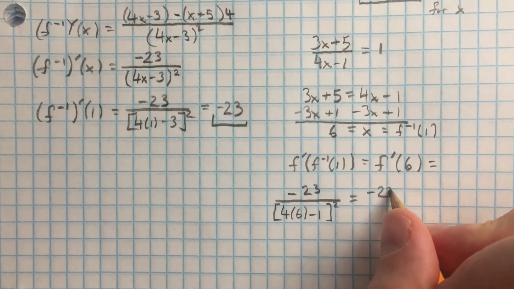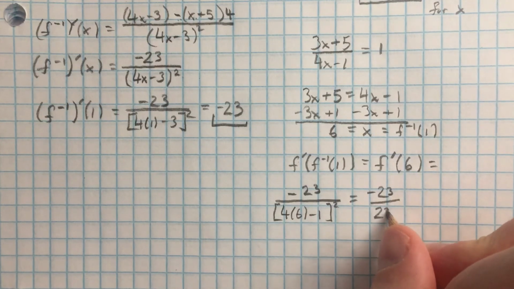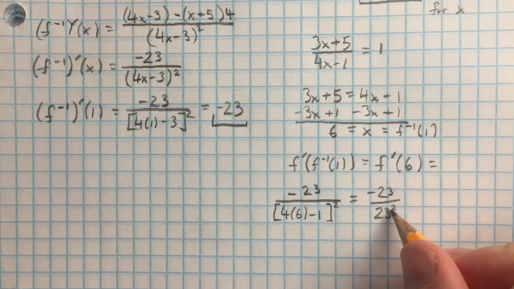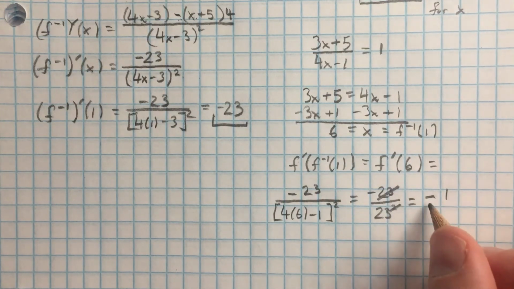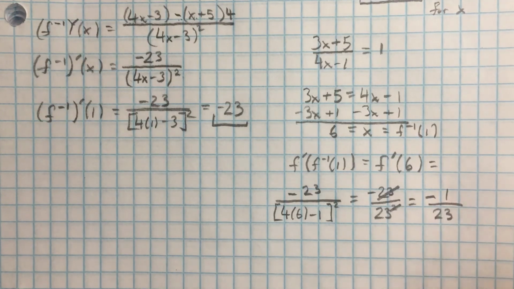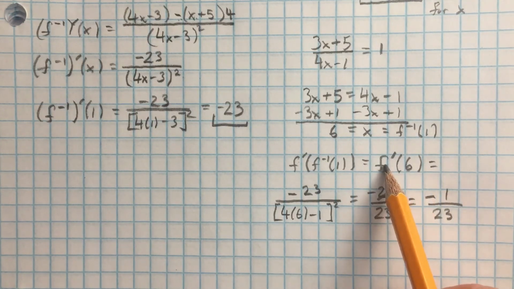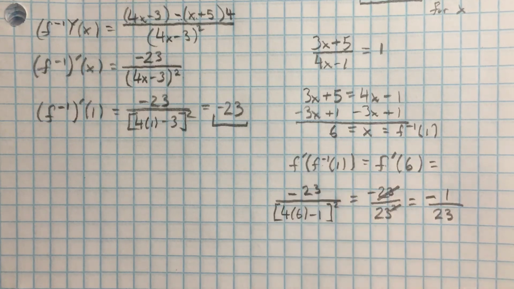So negative 23, a cancellation here, over 23 squared, means I can cancel the square with this. So we get negative 1 over 23. That is the derivative at f inverse of 1.